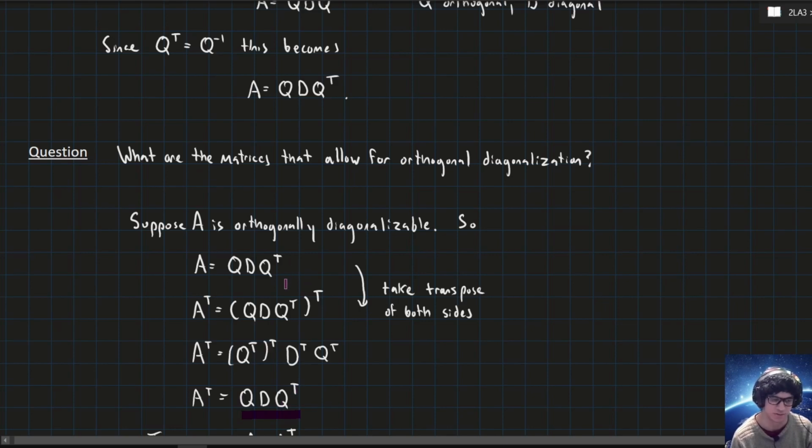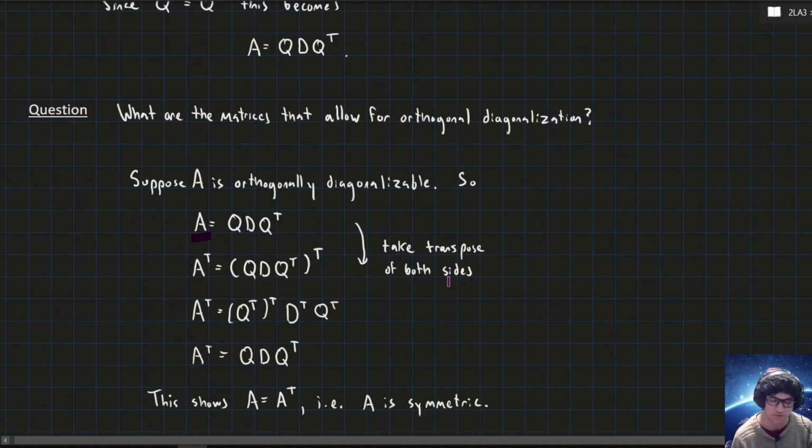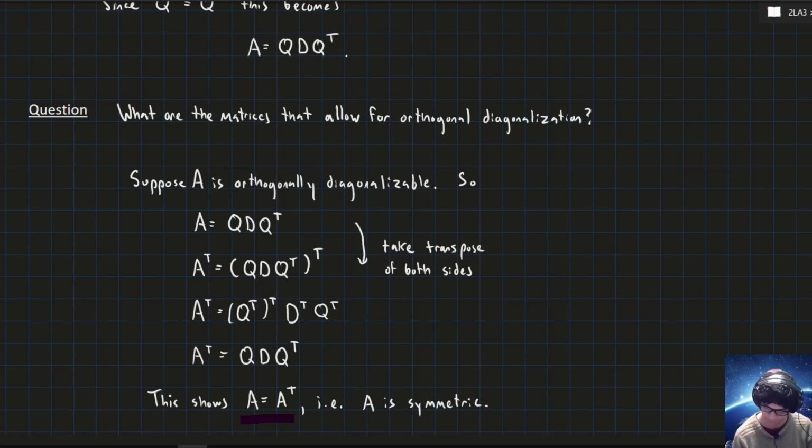This is exactly what we started with, right? So that means A transpose is equal to A. That gives us our answer: if we assume that A is orthogonally diagonalizable, we must have that A is equal to its transpose. In other words, A must be symmetric.